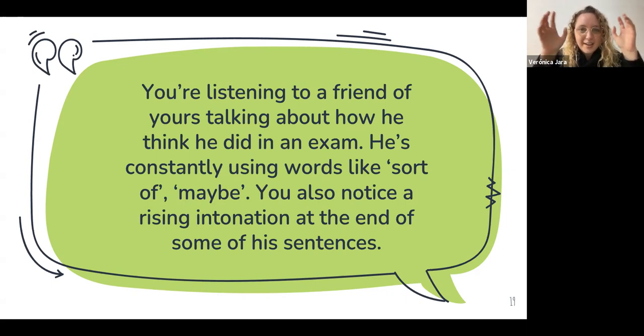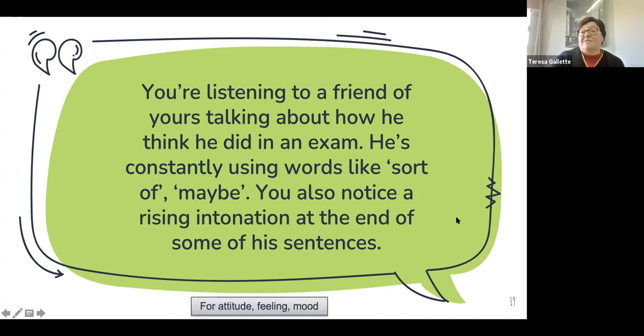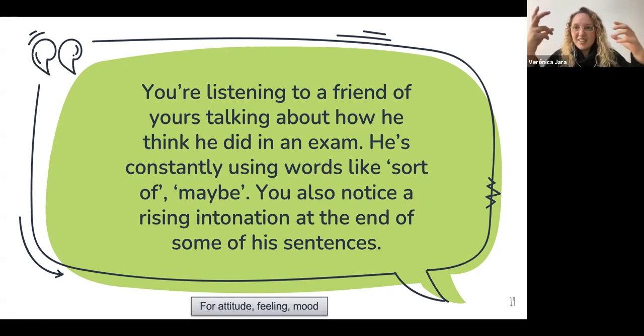What are we using here? Checking, asking for confirmation. Yes, thinking of attitude and feeling, and mood. So you're inferring these things, using certain cues that will help you discover or infer attitude or feeling or mood.